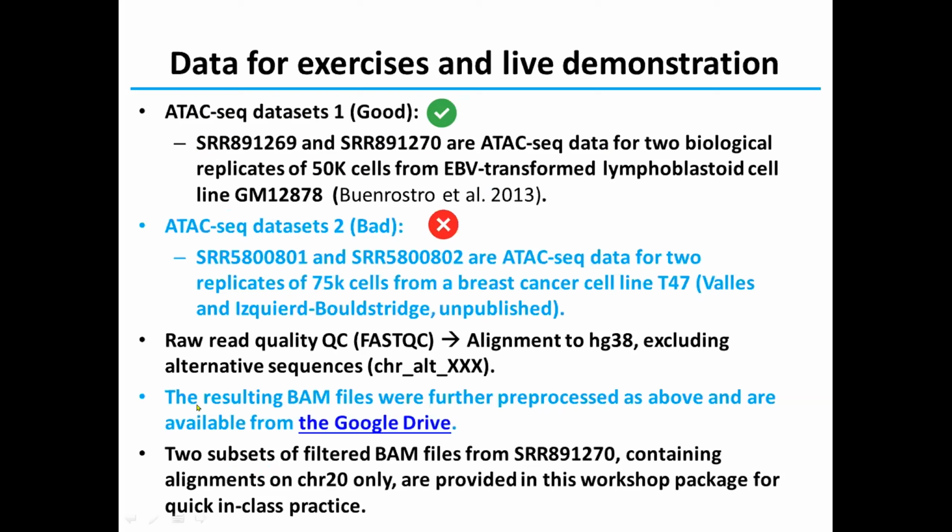I have done the raw reads QC and aligned the reads to HG38. The full set of BAM files is available from the Google Drive, but the subset of filtered BAM files is contained in the ATACseqQC workshop package.